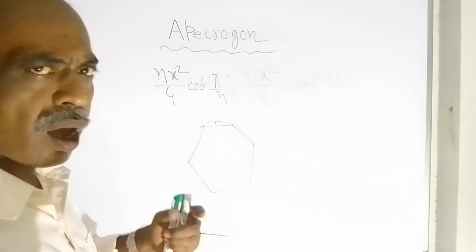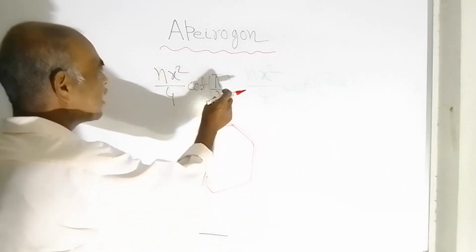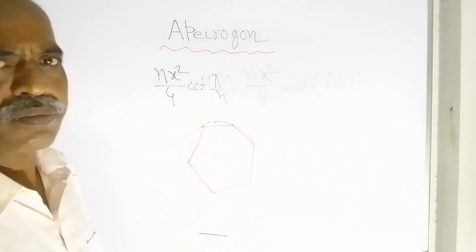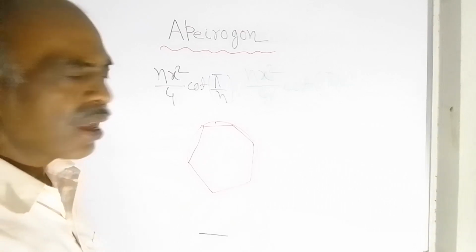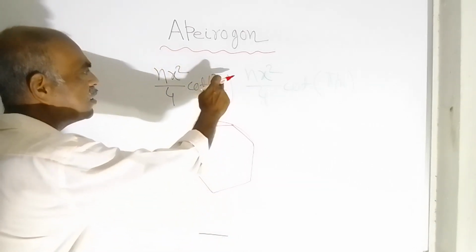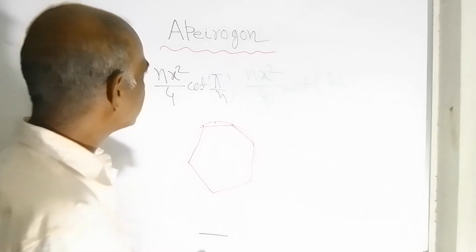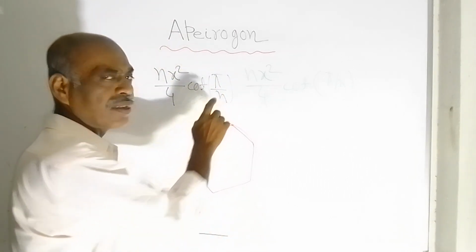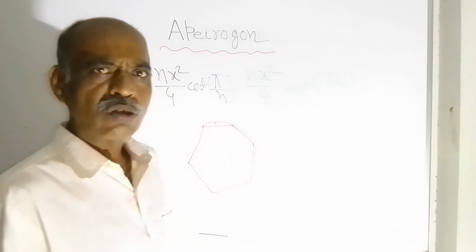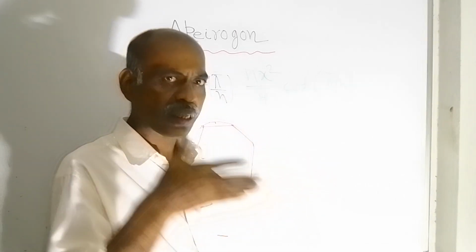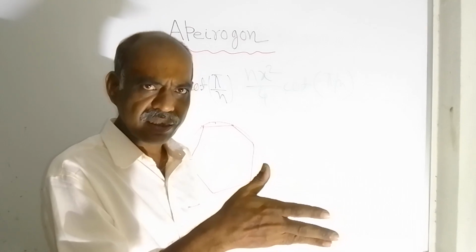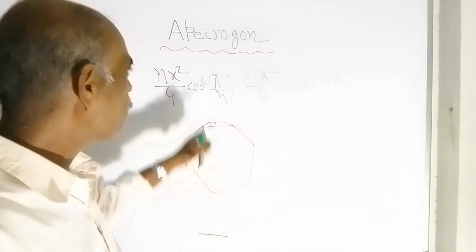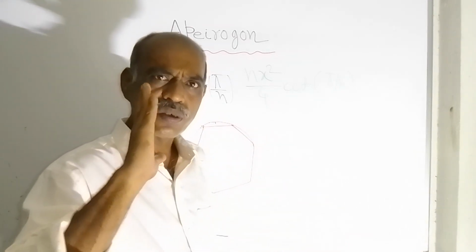So what we need to do is consider this n to be infinite. Since pi is a finite number, a finite number divided by infinity is 0. So when n tends to infinity, pi by n tends to 0.